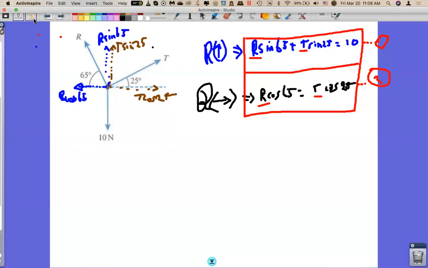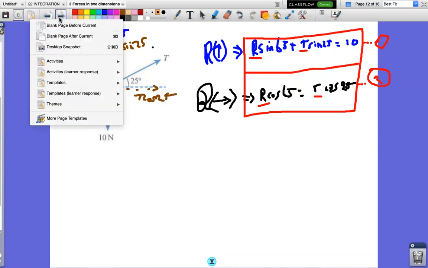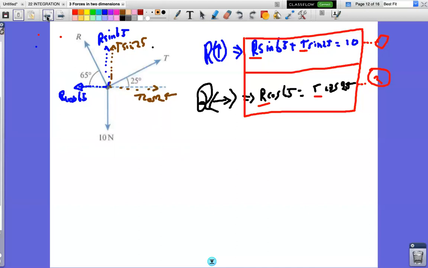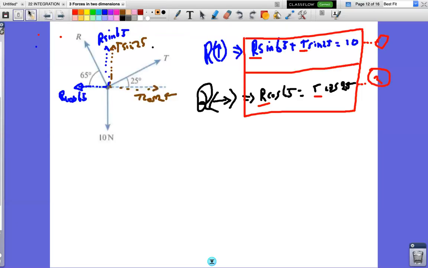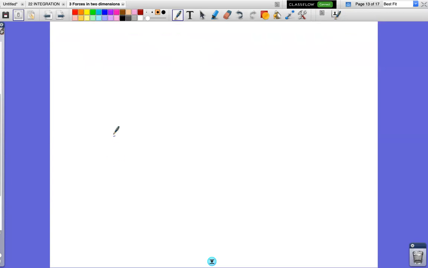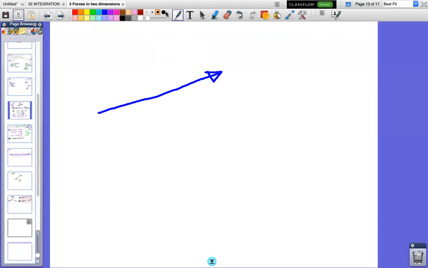So what we are saying is that if you have a force like this, we can choose to resolve vertically and horizontally, but we can also resolve it in some direction that is perpendicular to this force, and another direction that is along this force.